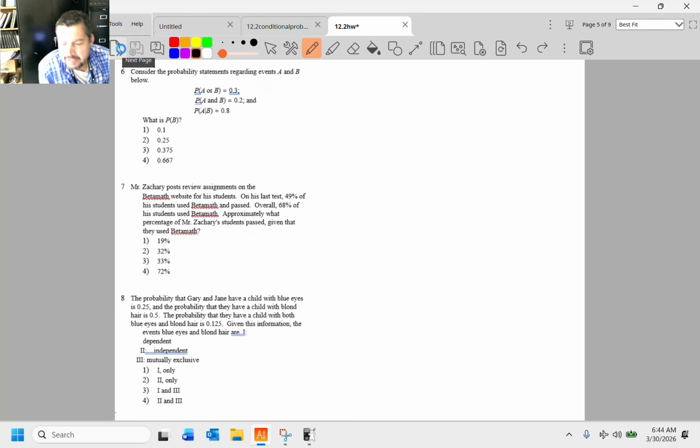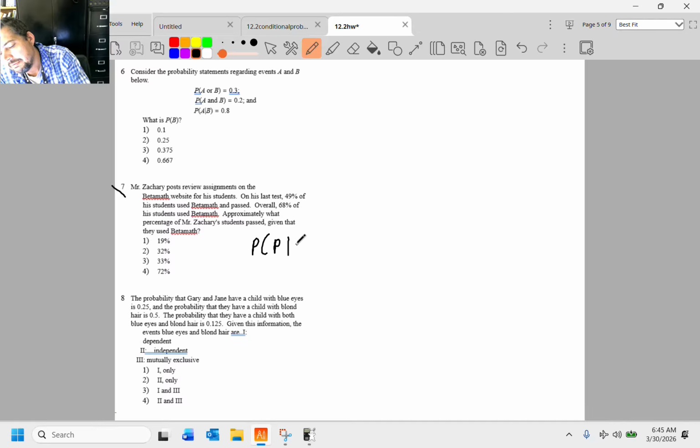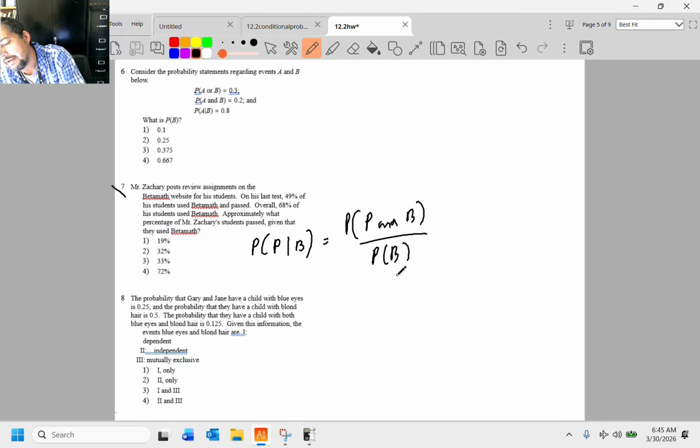All right, number 7. Mr. Zachary posts review assignments on the Betamath website for his students. On his last test, 49% of his students used Betamath and passed. Overall, 68% of his students used Betamath. Approximately what percentage of Mr. Zachary's students passed given they used Betamath? So we want the probability of passing given Betamath. That would be the probability of passing and Betamath, over the probability of Betamath.